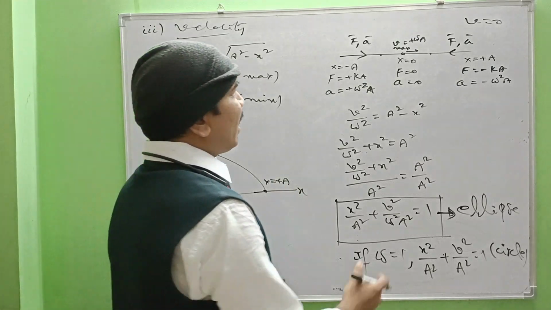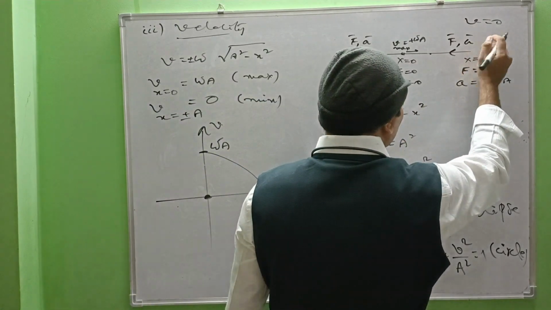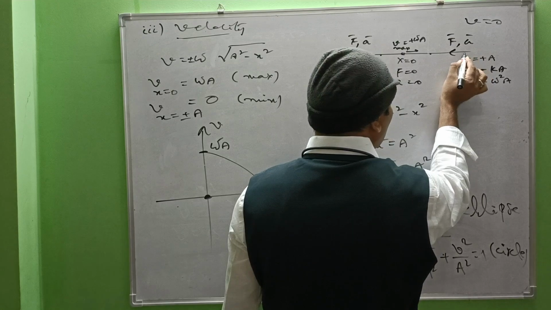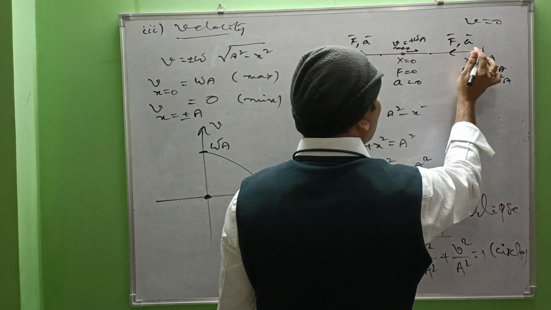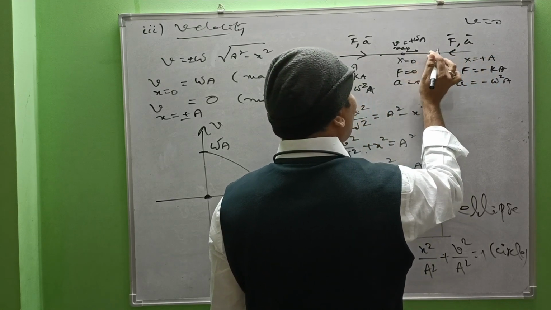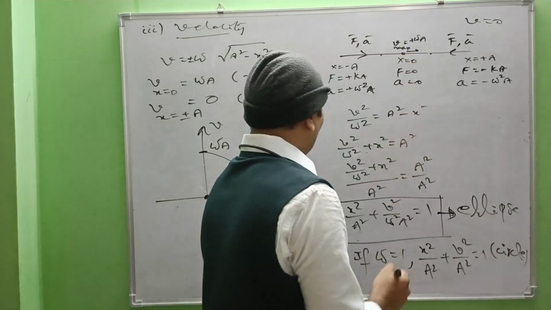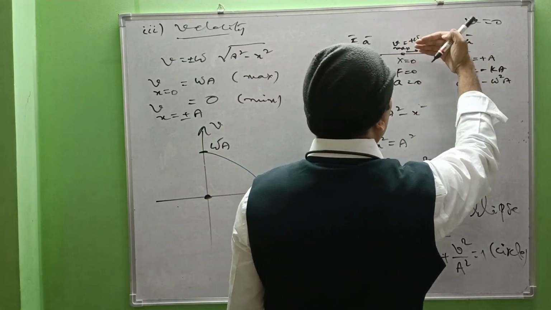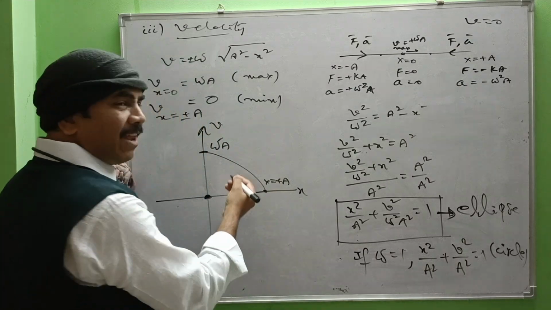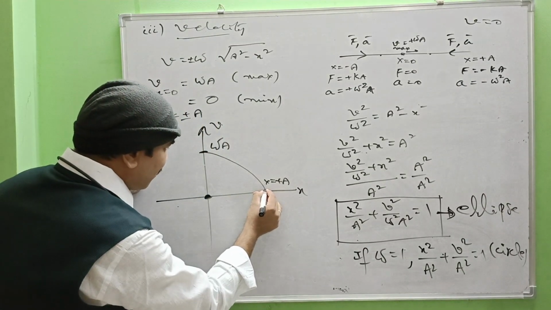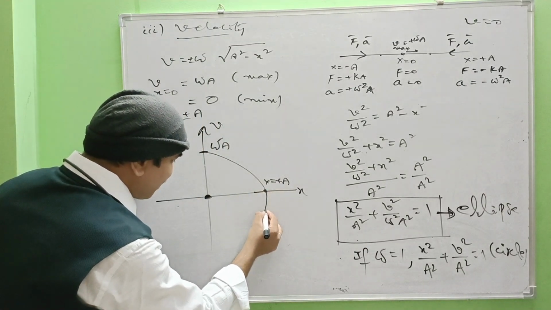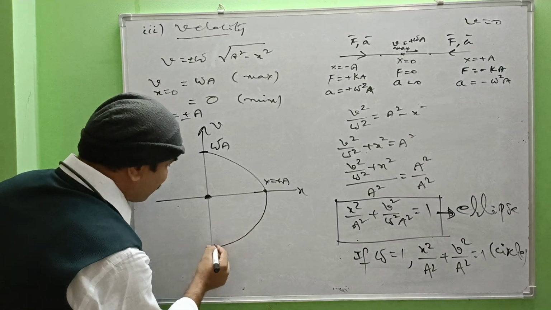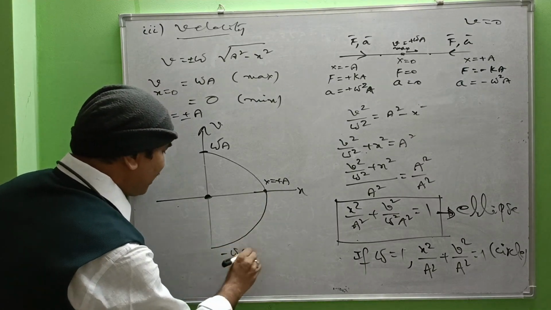Again, it retraces its path from the extreme position to the mean position. Again, speed gradually increases and becomes maximum. But see, the direction of motion is leftwards. Therefore, the velocity gradually increases and becomes minus omega into a.